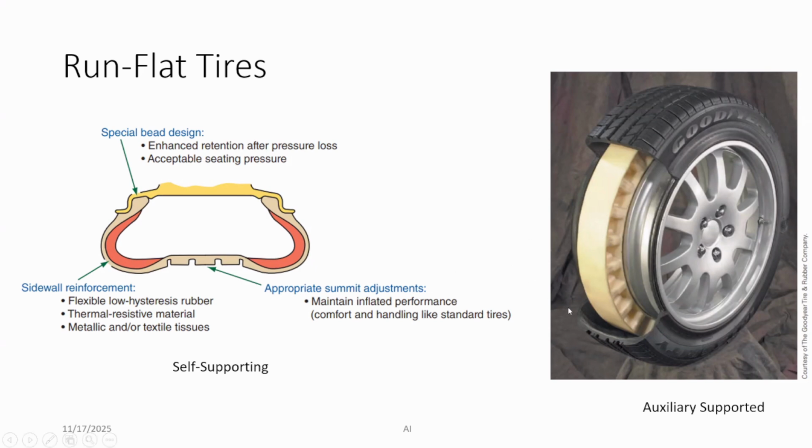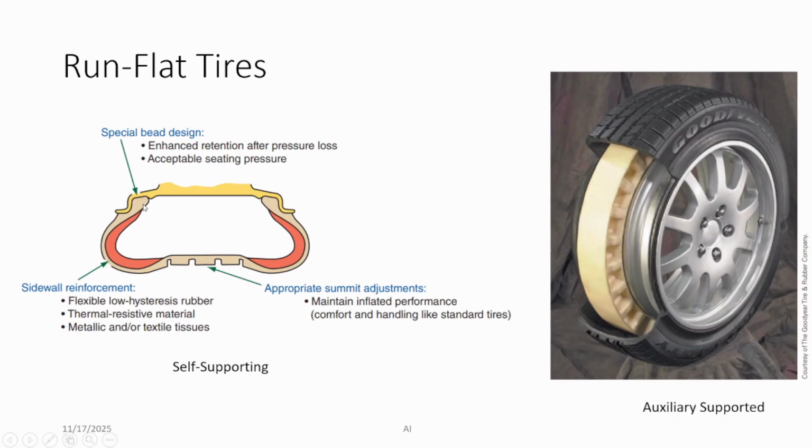That is the auxiliary supporting system, and the tire also has a self-supporting mechanism where the side wall has additional reinforcement while maintaining the required flexibility, right? So the side wall can provide both flexibility and the strength required. This is very useful whenever the inflation pressure is lost during any kind of tire puncture, right?